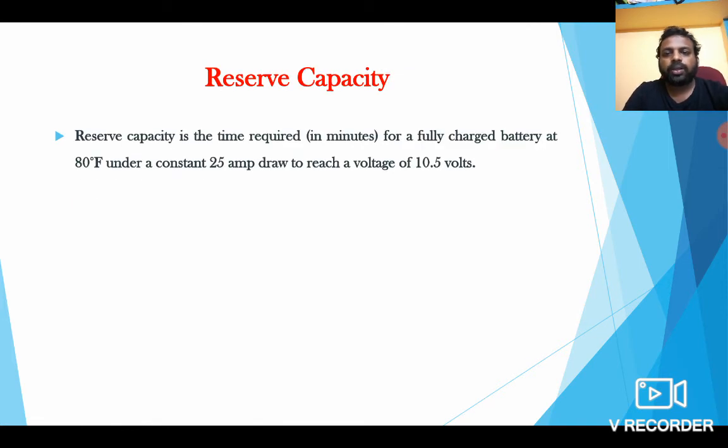The reserve capacity is the time required for a fully charged battery at 80 degrees Fahrenheit, under a constant 25 amp load, to reach a voltage of 10.5 volts. If the battery obeys this statement, it is under the category of reserve capacity.